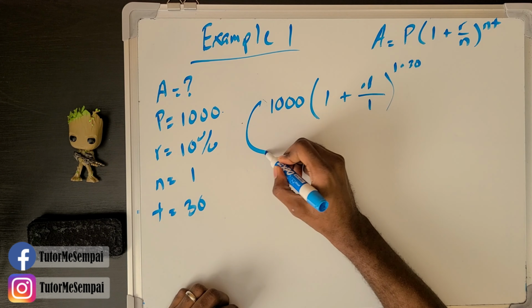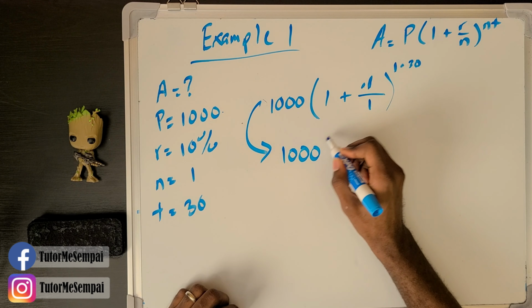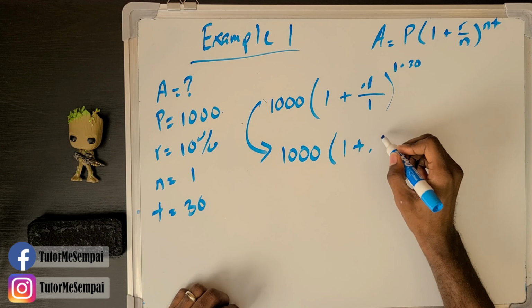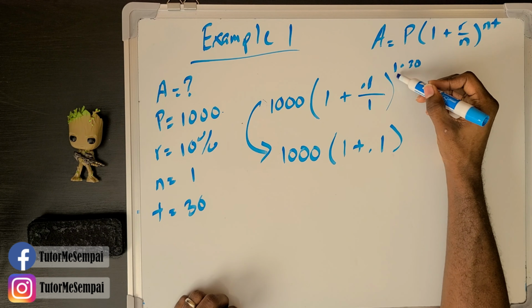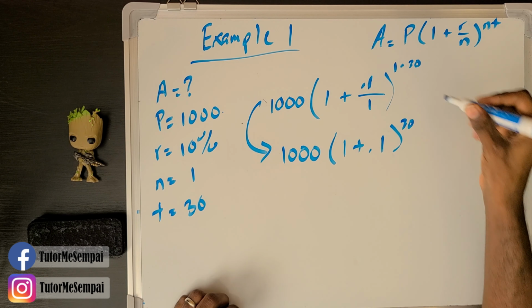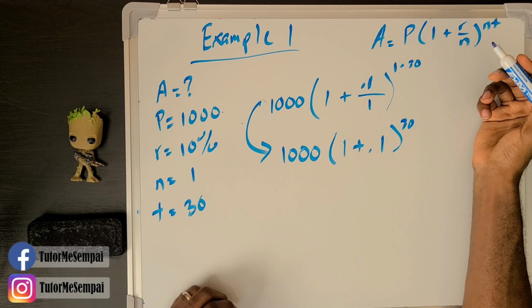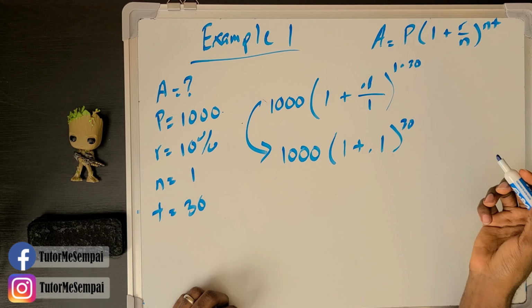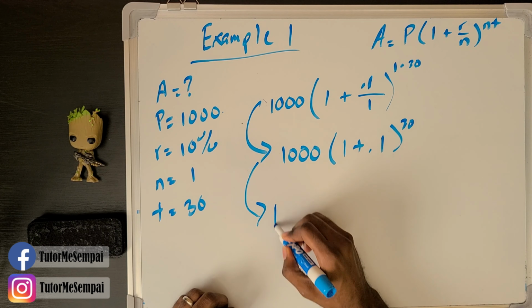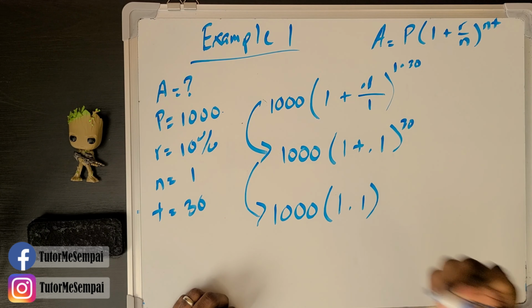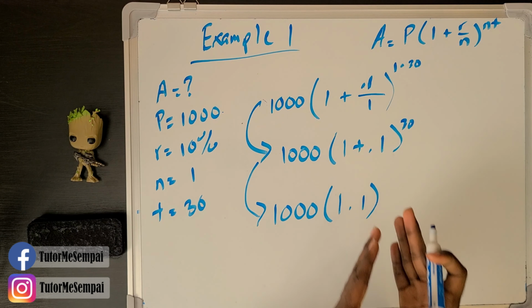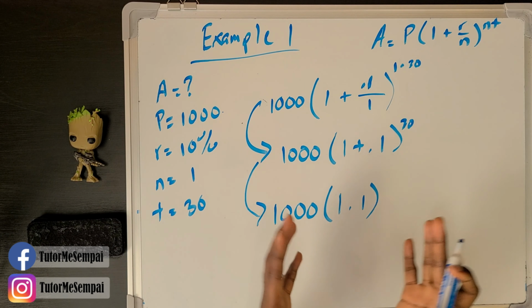So we can simplify this to 1,000 times 1 plus 0.1, because 0.1 divided by 1 is just going to give us 0.1. And this is going to be raised to the 30th power, because 1 times 30 is just 30. So 1 plus 0.1 gives us 1,000 times 1.1. Remember, you always have to do what's inside your parentheses first.